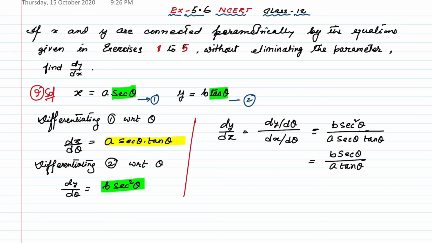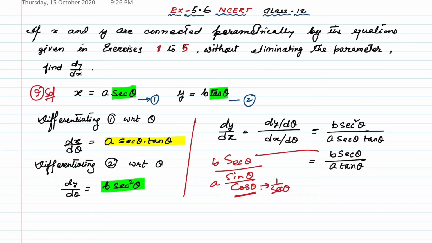We know tan theta is sin theta by cos theta, so here we have b sec theta over a sin theta by cos theta, and this cos is nothing but 1 by sec theta.